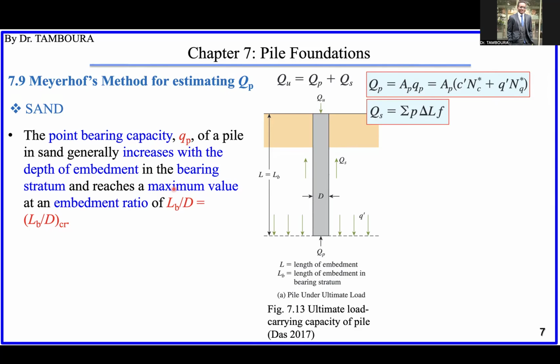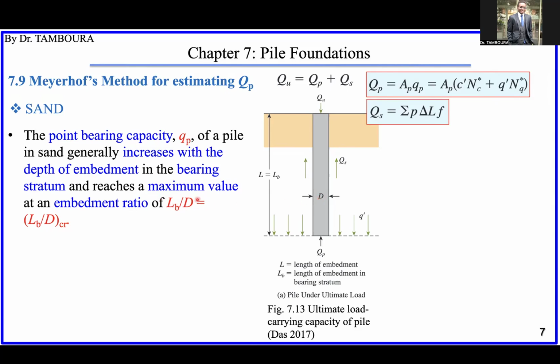Instead of talking about depth here, we will talk about the embedment ratio, that is the embedment length of the pile, LB, divided by the pile diameter or the pile width.